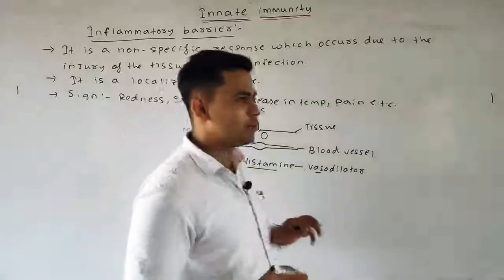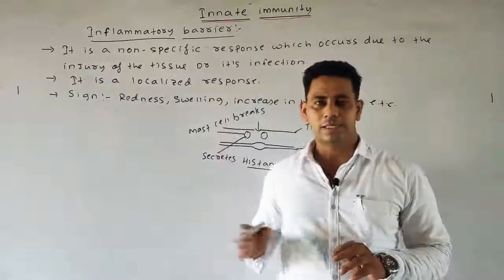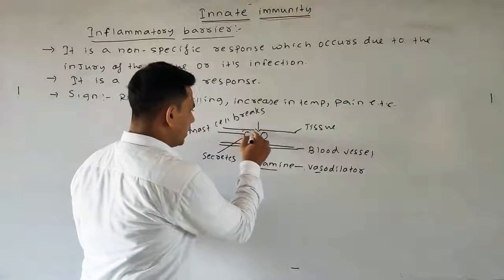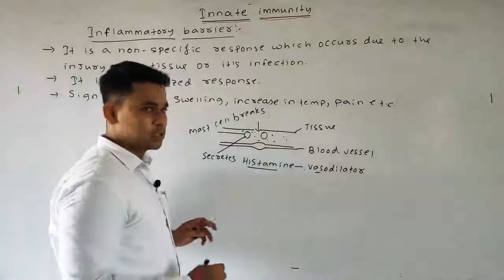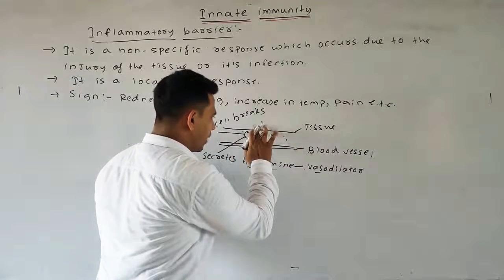The plasma and the fibrinogen from the blood vessels leak out into the tissue, and the tissue fluid also accumulates, by which swelling occurs.